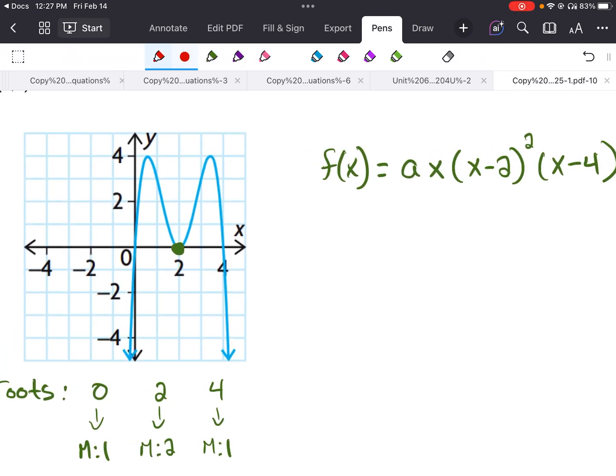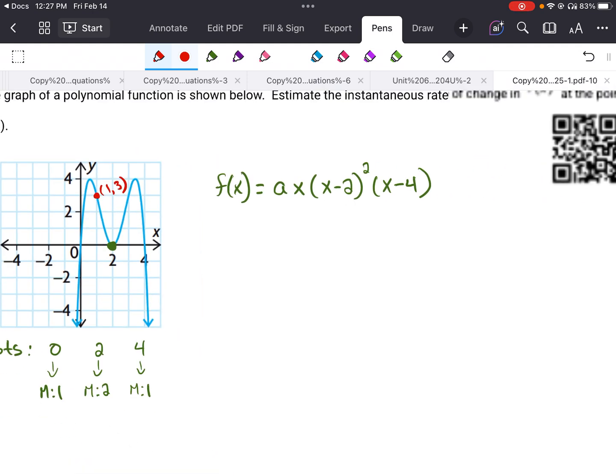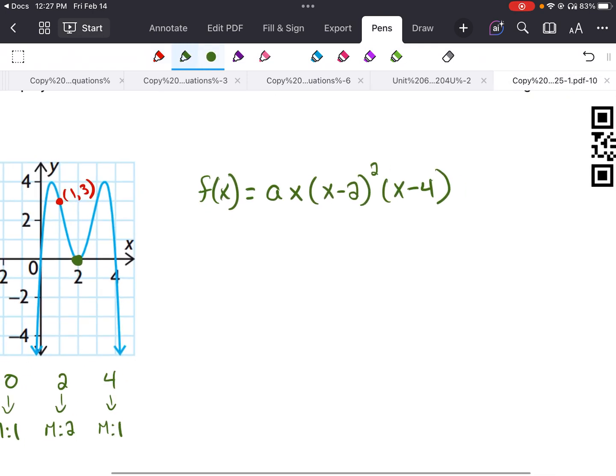Now we have to pick a point on the graph to represent the x and the y. Here's a nice one here, and this is (1, 3). So let's use (1, 3) in order to solve for our leading coefficient. So 3 represents the y, 1 represents the x.